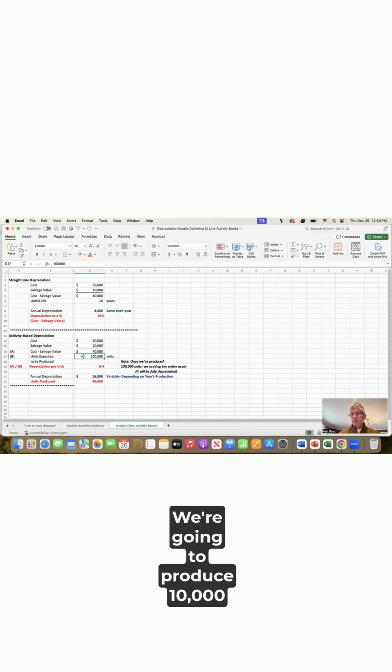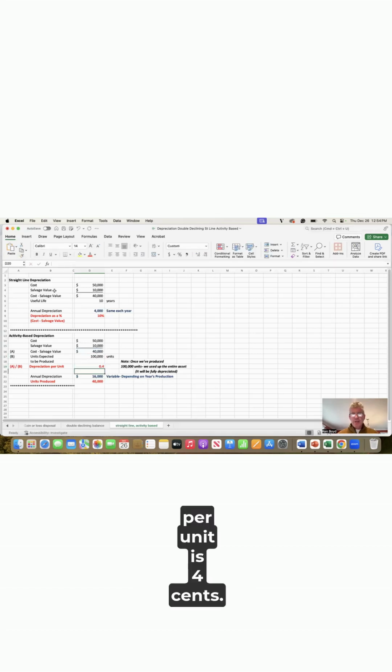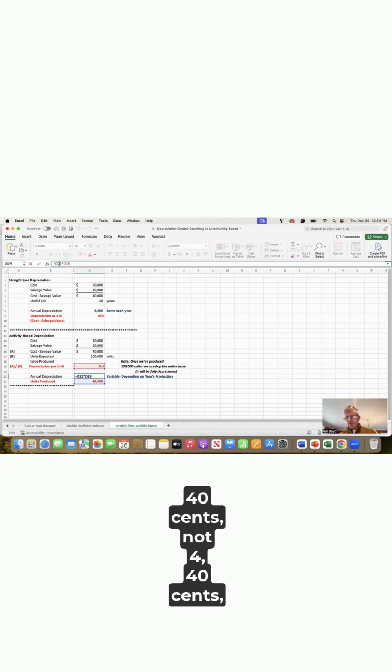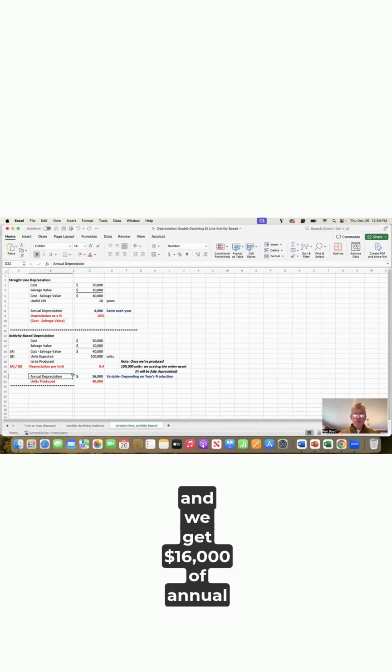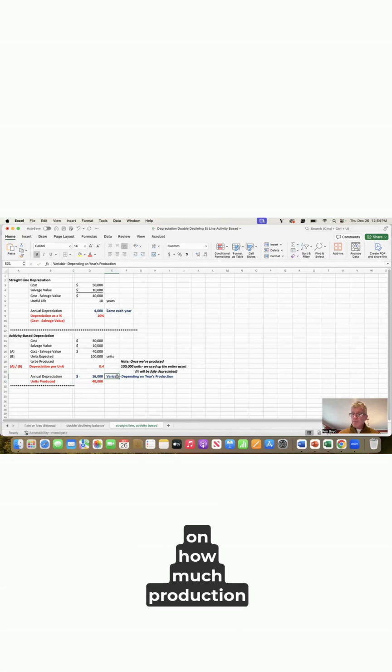We're going to produce 10,000 units over the life of the asset. That means depreciation per unit is $4. So if you have a year where you make 4,000 units, we multiply 4,000 units times $4 and we get $16,000 of annual depreciation in that year. And that is going to vary based on how much production you do each year.